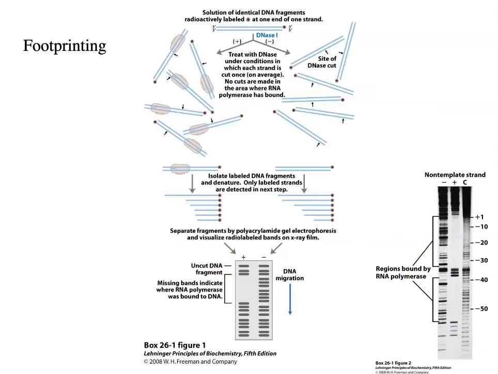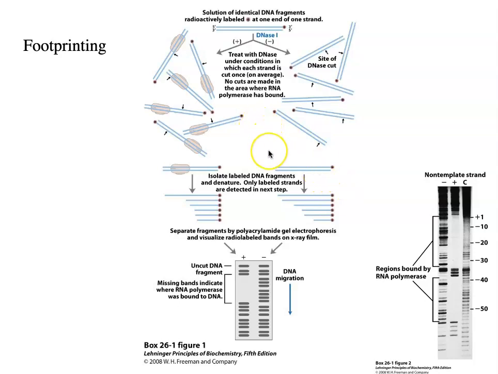One technique that is used to determine where the promoter is or where RNA polymerase binds in order to express a gene is known as footprinting. This is a fairly classic methodology. I'm not sure whether it's still highly in use. Perhaps it is because it's so simple. But this is how it works.